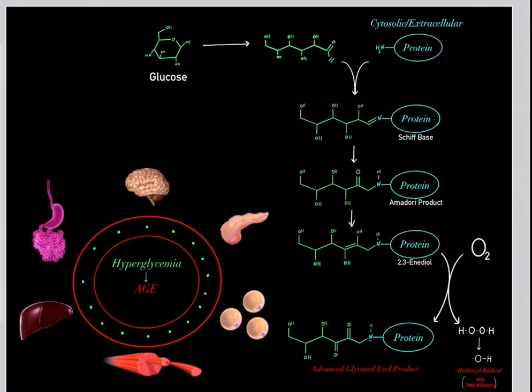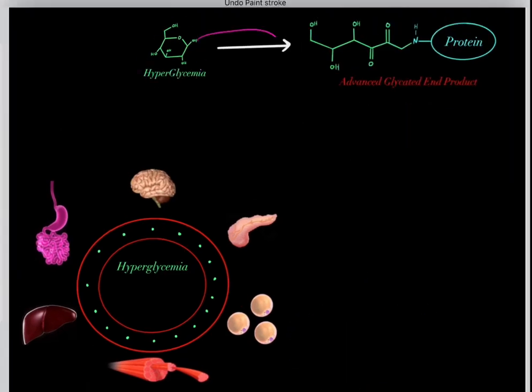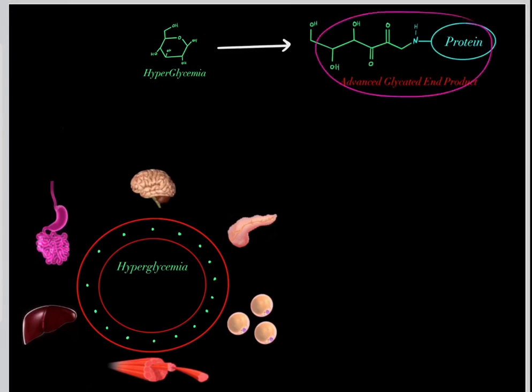But not just that, we also form these advanced glycated end products, which are essentially just proteins that have been glycosylated in an unregulated fashion. So therefore, excess glucose reacts with proteins in an unregulated fashion to form these advanced glycated end products. So hyperglycemia can lead to the formation of these advanced glycated end products.